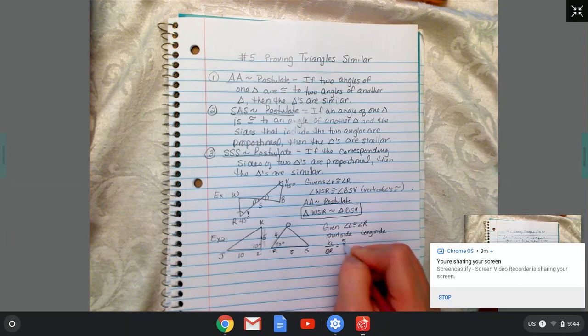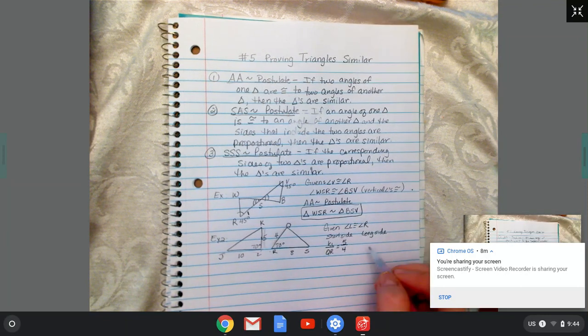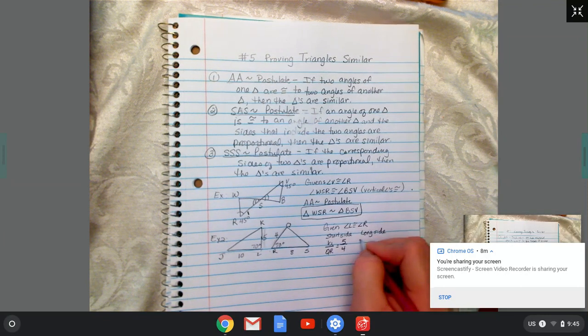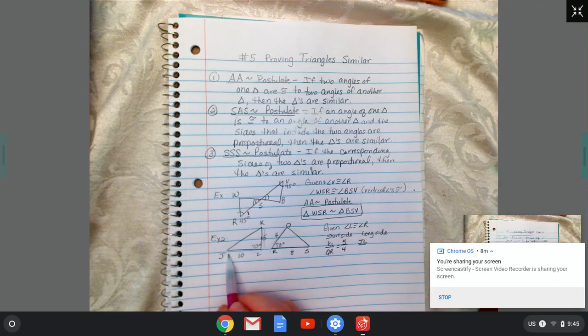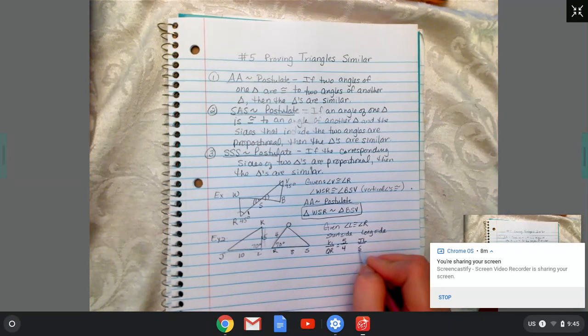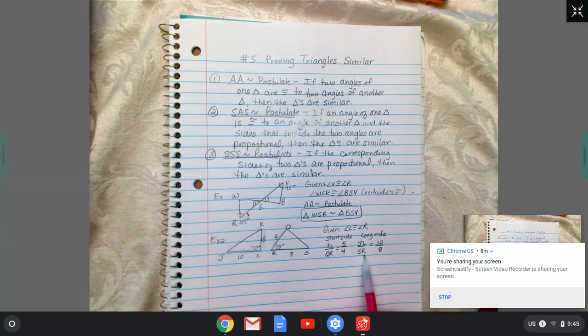which is 5/4. If we compare the longer sides, we would be comparing JL to SR, 10/8. So are these proportional? If they reduce to the same amount, then they should be.